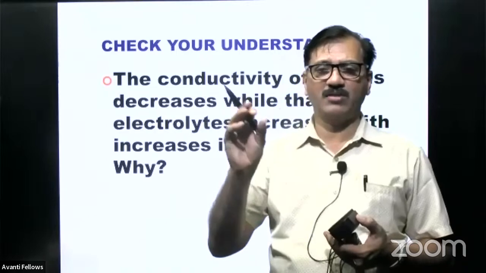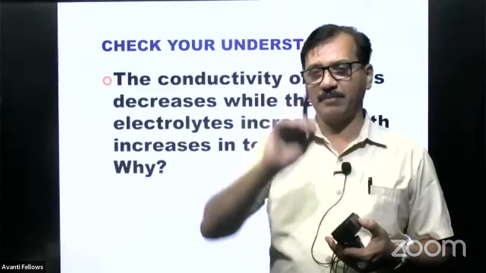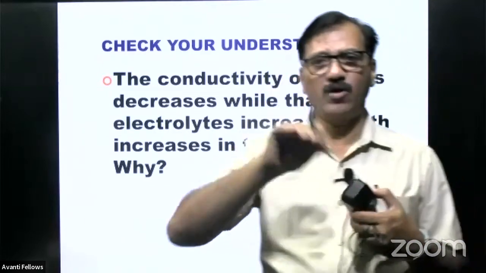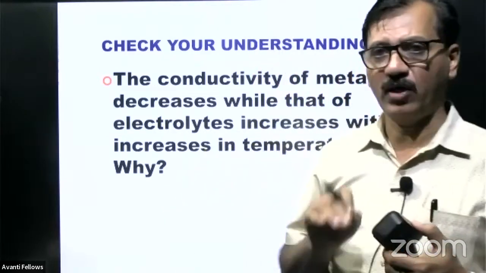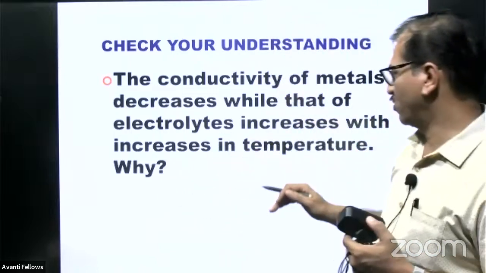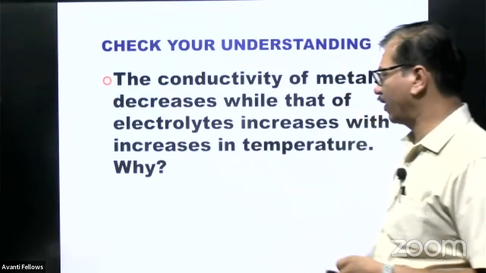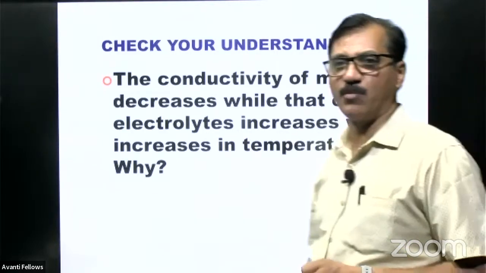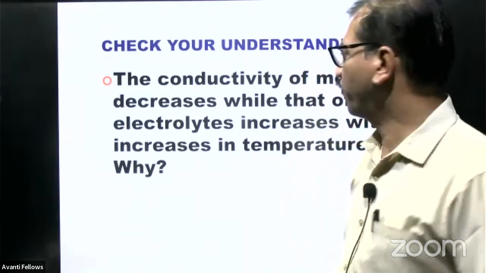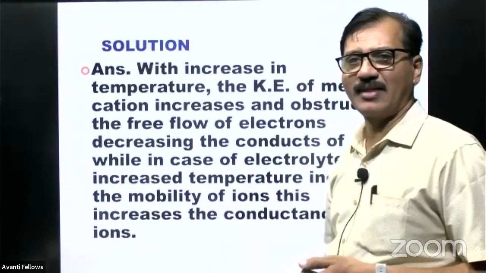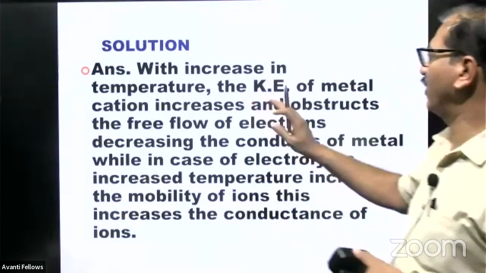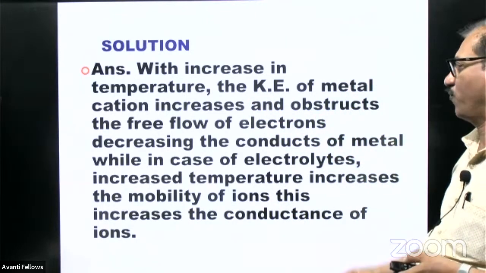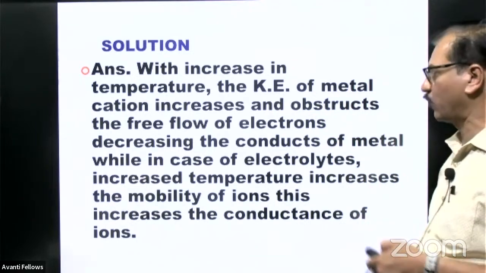But when the temperature is increased, the kernels start vibrating. This becomes an obstacle for the free movement of electrons, because of which conductivity decreases. Whereas in ionic solutions, when temperature is increased, the mobility of the ions increases, so the conductivity increases. With the increase in temperature, the kinetic energy of the metal cations increases and obstructs the free flow of electrons. This is what is being told here.